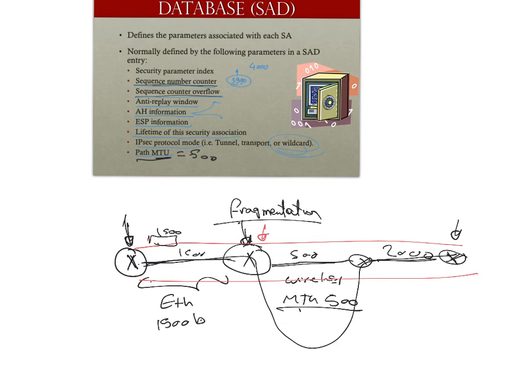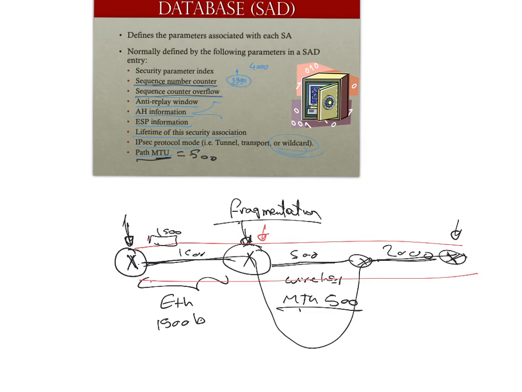But if you have to, you will have to perform some fragmentation inside the tunnel, but this will have to be addressed separately. Usually we maintain in the security association, not in the packet, a maximum transmission unit for the entire path, so that we perform fragmentation only at the entry router, and we perform defragmentation at the exit router, and that's it.